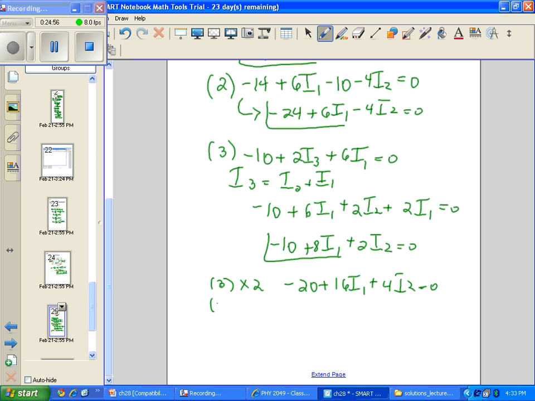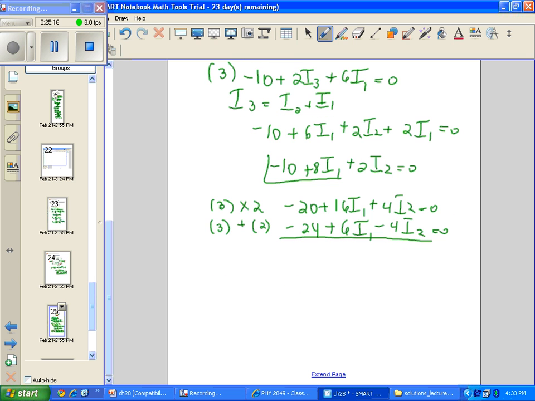Now I'm going to take this and add it to equation 2. Let's go ahead and rewrite equation 2 here. Minus 24 plus 6I1 minus 4I2 equals 0. And you can see what's going to happen when I add them.